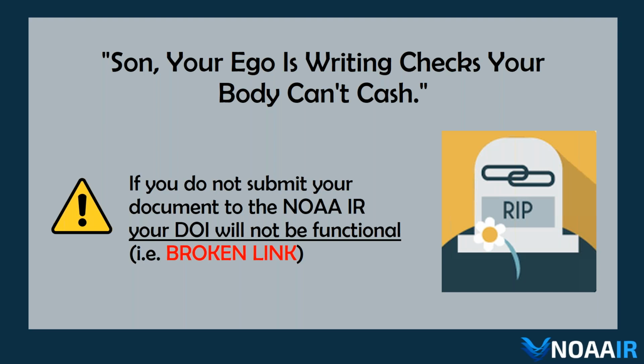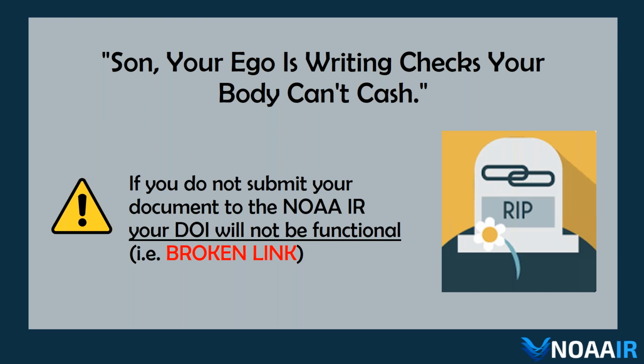In our world, when we're talking about DOIs, we often say a DOI is a promise to the user. You're promising the user by providing a DOI that they're going to be able to find that document. But if you request a DOI and you embed that DOI URL into your document and then you put it on your website but don't give it to us, you've broken your promise to the user.